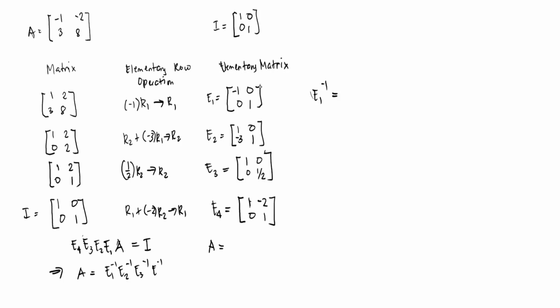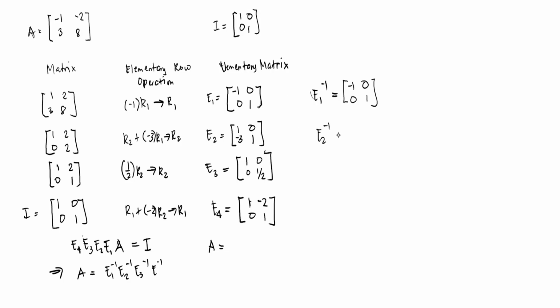From this, we will get the 2 by 2 identity matrix if we multiply row 1 by -1. So we apply it to the 2 by 2 identity matrix. Therefore, we will have -1, 0, 0, 1. Again, what we apply is we multiply -1 to row 1.